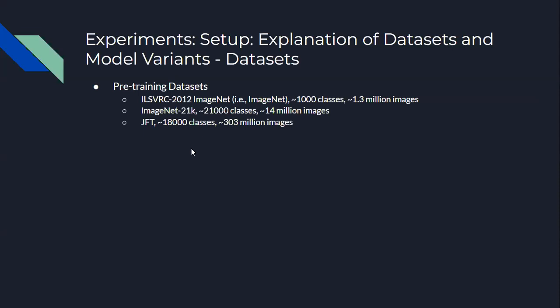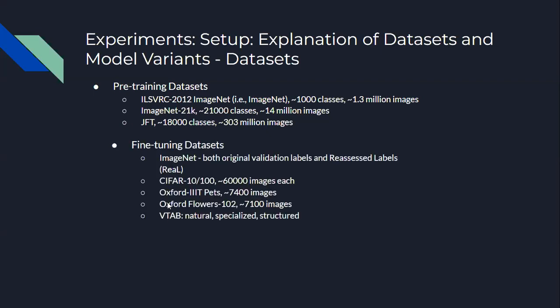Okay, for the data sets, there's nothing really too important here, just two main points I want to make. For pre-training, just take note at how many images are involved in the pre-training data sets. And they do experimentation with all these data sets. For fine-tuning, they also use a variety of data sets, but with much fewer images.